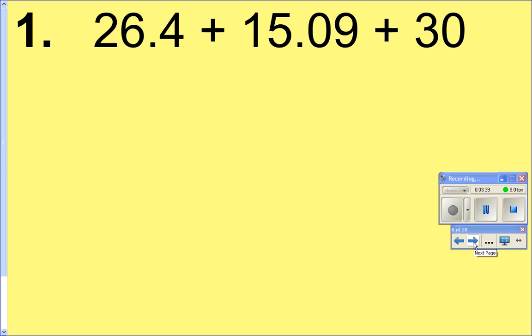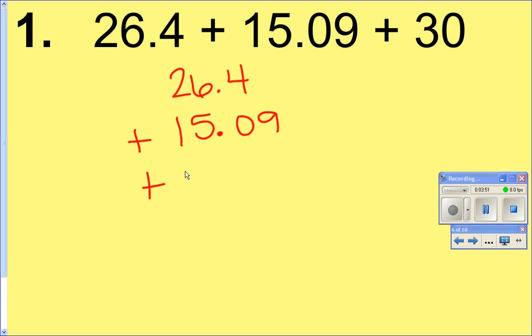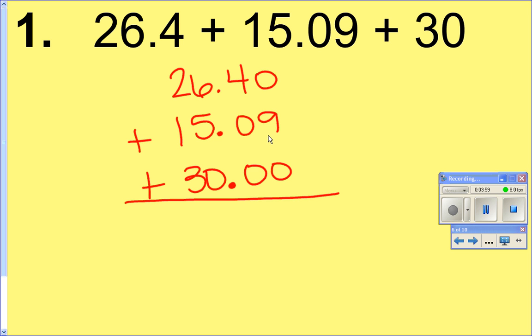Okay, so let's do some more examples. I have 26 and 4/10 plus 15 and 9/100 plus 30. Remember, your decimal goes at the end if you don't see it. Okay, then you can add a 0 as a placeholder here.